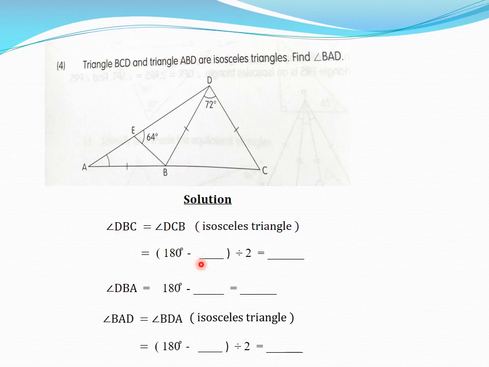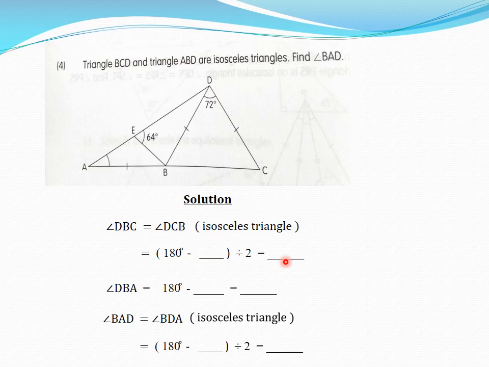Yeah, as you can see in our number, by taking 180 minus 72. Teacher has some for number, right? And after we got the answer for angle B, how many degrees?